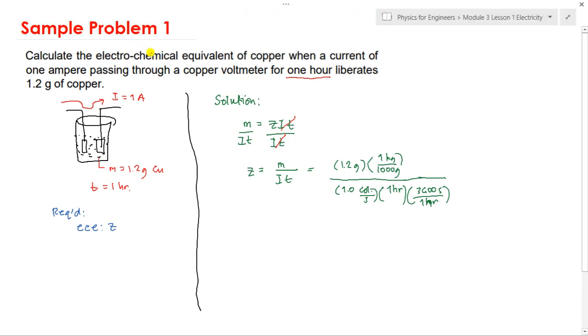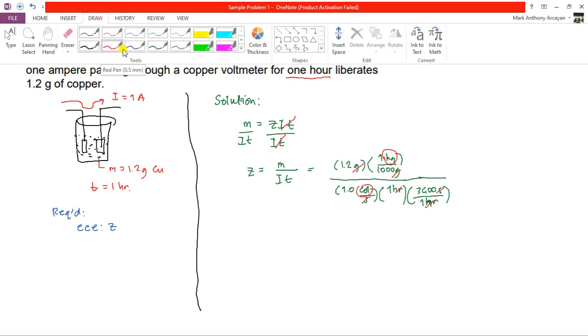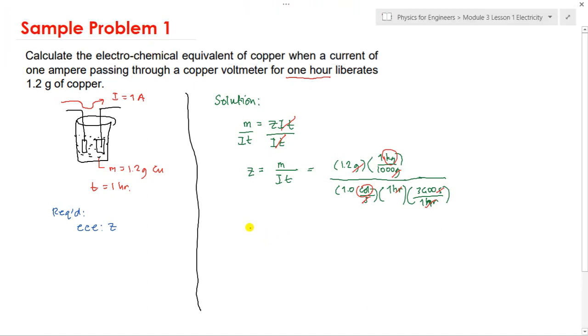So, in the unit analysis, grams, second and second, and hour will cancel. What's left is kilogram per coulomb. That is the dimension unit of our electrochemical equivalent of copper. Z is equal to, simplifying, 1.2 over 1,000 divided by 1 times 3,600.